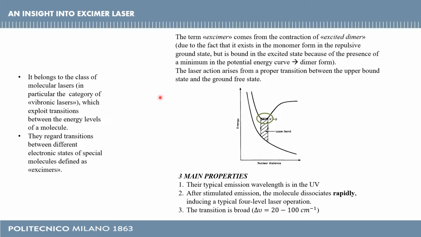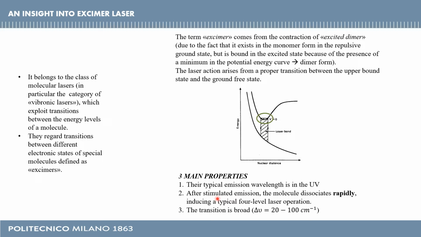Now let's mention three main properties of our excimer laser. First of all, the typical emission wavelength is in the spectral window that goes from the ultraviolet to the near ultraviolet. Moreover, after the stimulated emission, the molecule reaches the ground state, and due to the repulsive nature of the ground state itself, the molecule dissociates rapidly, and reabsorption of the radiation is not possible.